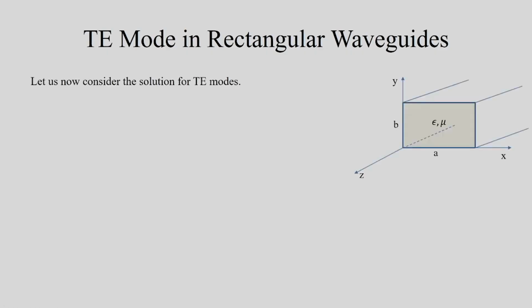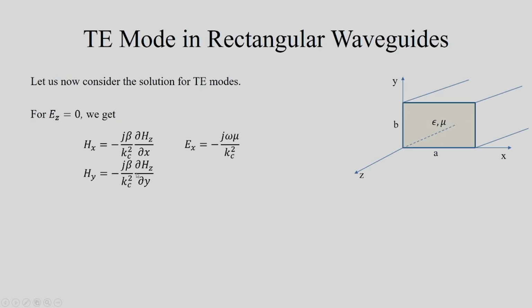So, let us now see what the boundary conditions are in a rectangular waveguide when TE modes are being propagated. For TE modes, we can write Ez equal to 0 and Hx and Hy can be written in this form. Similarly, the Ex and Ey components can also be written.